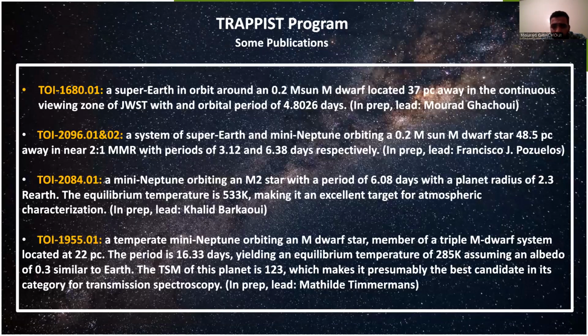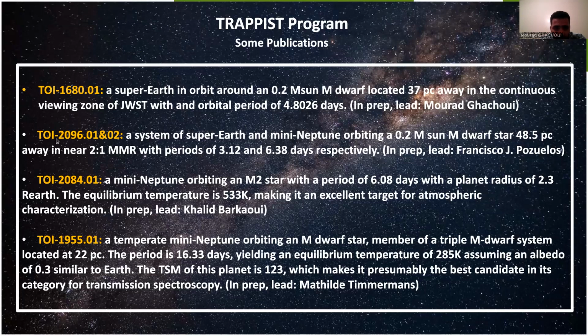One of the most important discoveries in which we contributed with the TRAPPIST North and TRAPPIST South telescopes is TESS object of interest 1680, which is a super-Earth in orbit around an M dwarf.